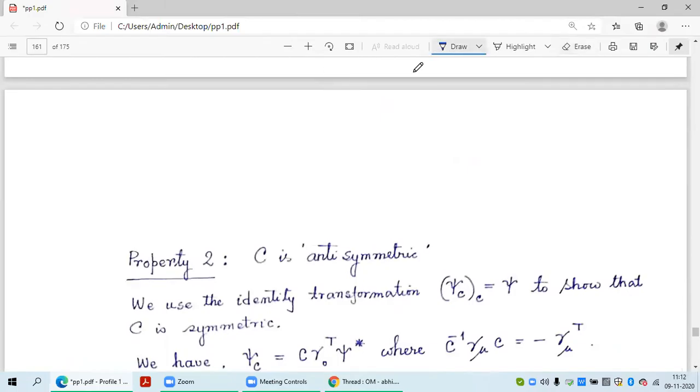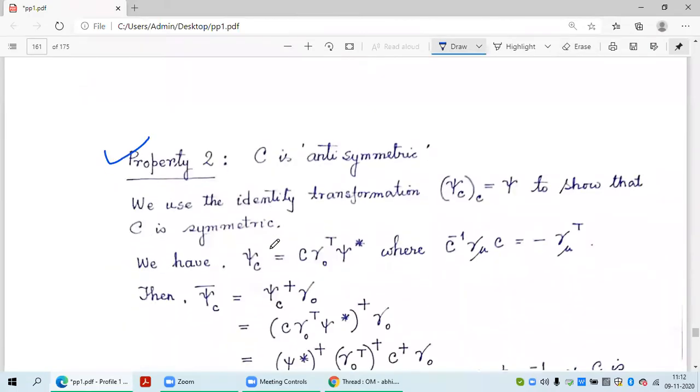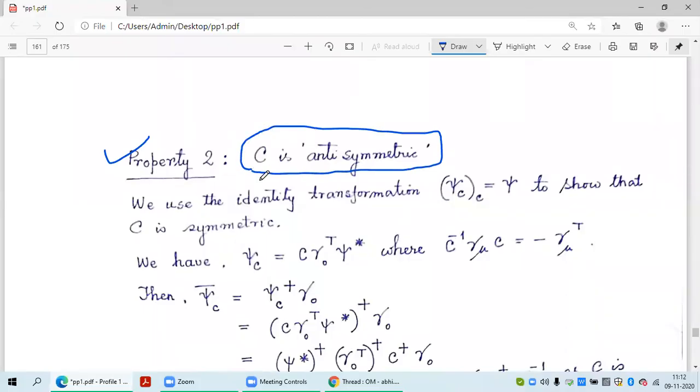Okay. Now there is another interesting property, which is that this matrix C has to be antisymmetric. Let us prove this. To prove this, we have to use the fact that when a field is charge conjugated twice, it gives the same field, because charge conjugation implies converting all the particles represented by the field to their antiparticles.